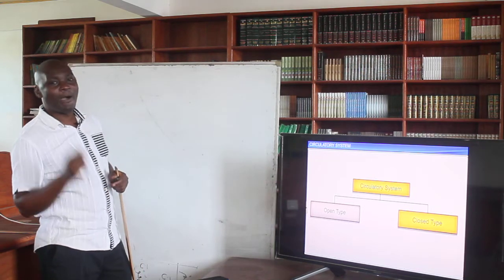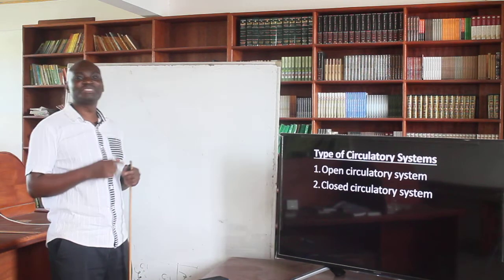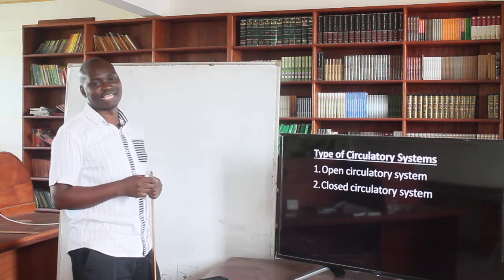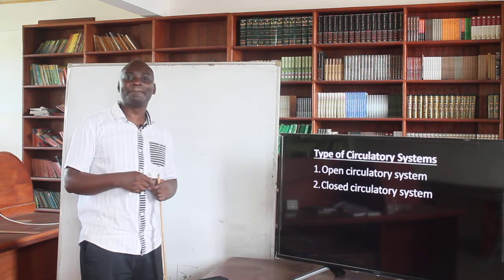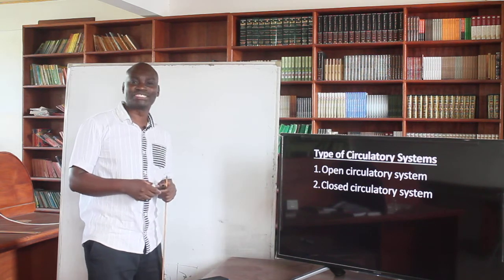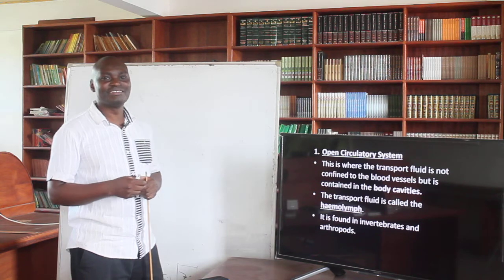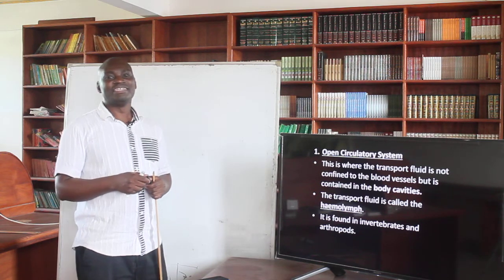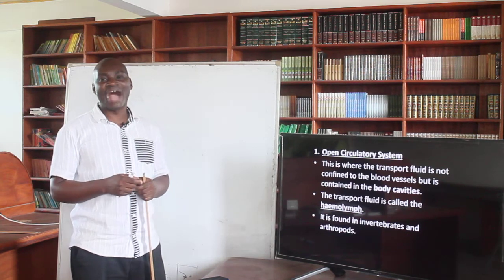Those are the two systems that we are going to discuss. We are going to go deeper into the open system, and later, if there is time, we'll touch on the closed system.